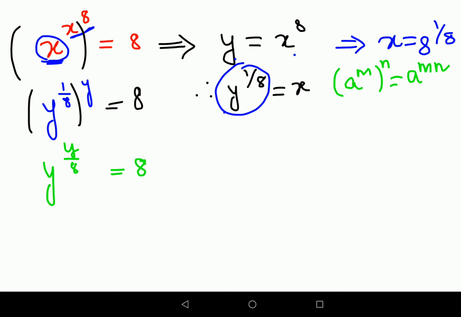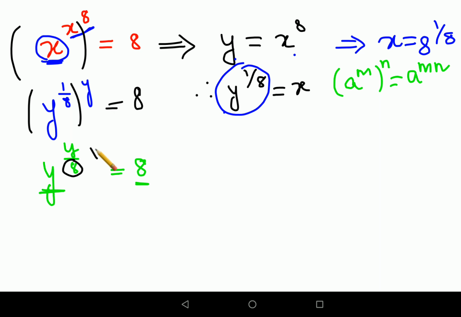Now, the best way to deal with things is to write all the variables on one side and all the numbers on the other side of the equal to. So in order to do that, I need to shift this denominator 8 in the index to the other side.